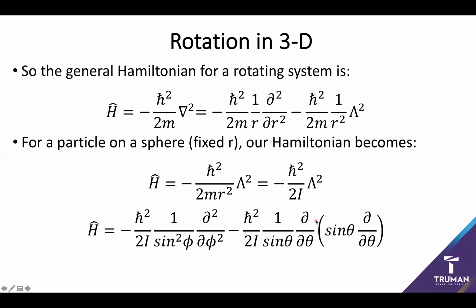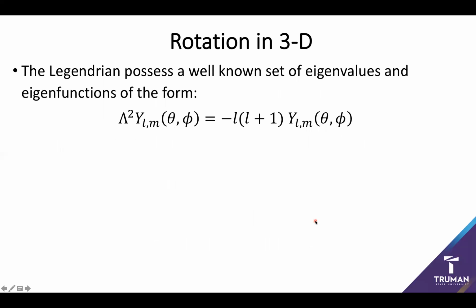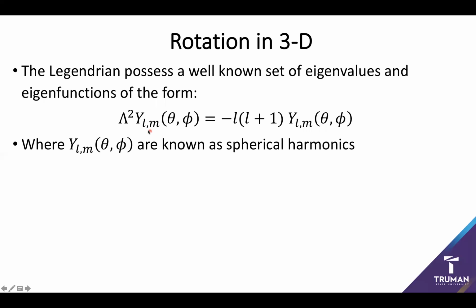However, what we're still going to be in need of is some eigenfunctions and some eigenvalues. So, turns out that this is actually a well-known set of equations, which was solved far before quantum mechanics. So, go for pure mathematicians. And this set of eigenvalues and eigenfunctions has a known set of solutions called the spherical harmonics.